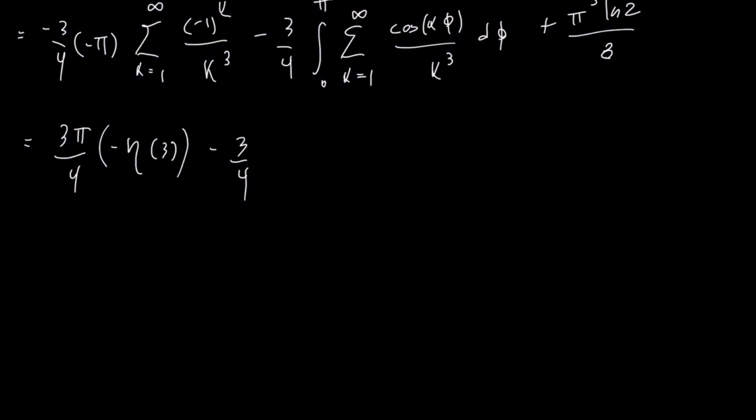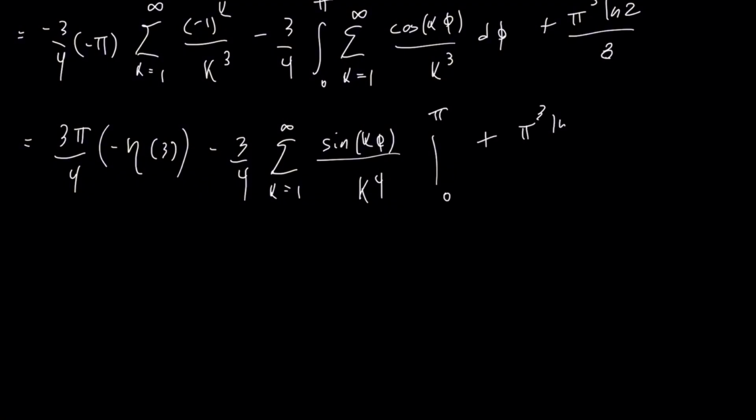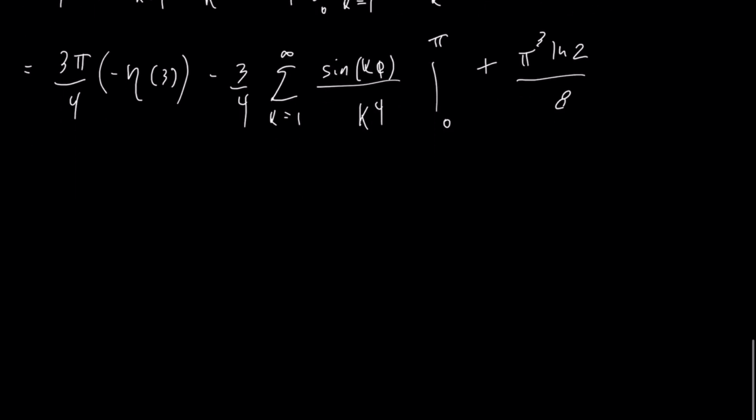Integrating this, we're going to have a sum from 1 to infinity of sine of k phi over k times k cubed, which is k to the fourth. But now phi is going from 0 to pi, and then plus pi cubed log 2 over 8.